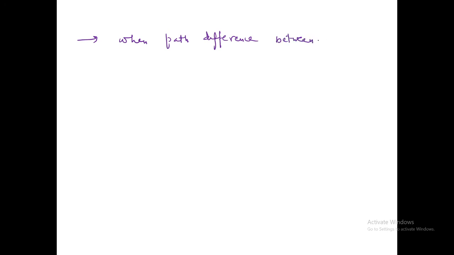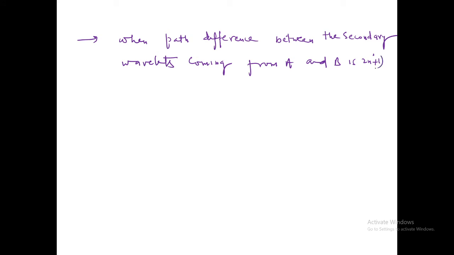Next thing is, when the path difference between the secondary wavelets coming from A and B is (2n plus 1) lambda upon 2, or an odd multiple of lambda upon 2, then what will happen?